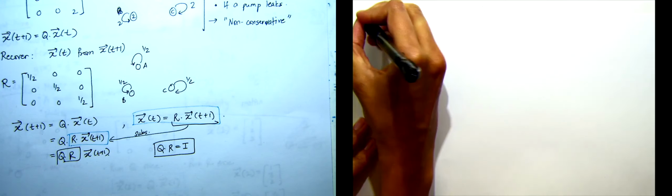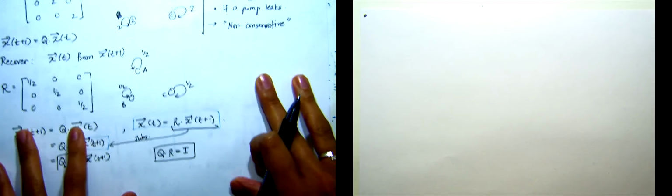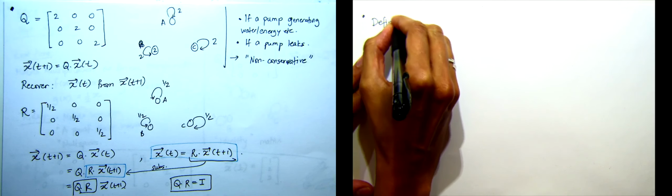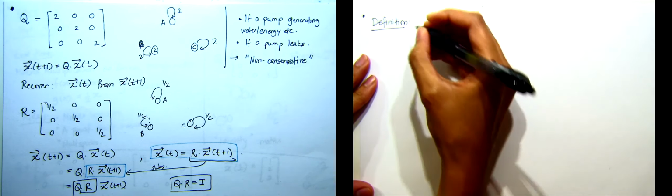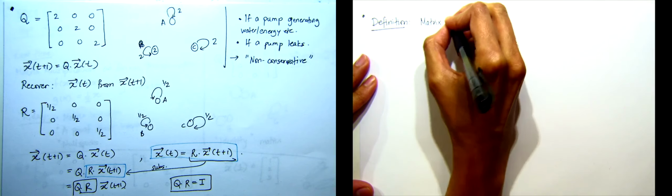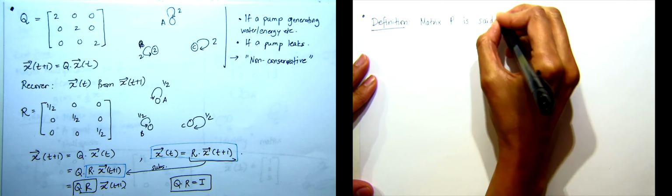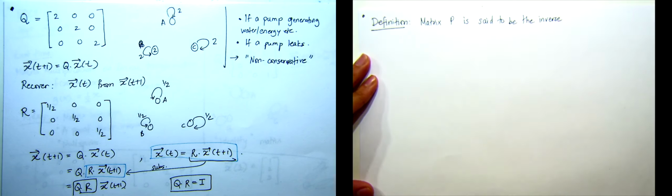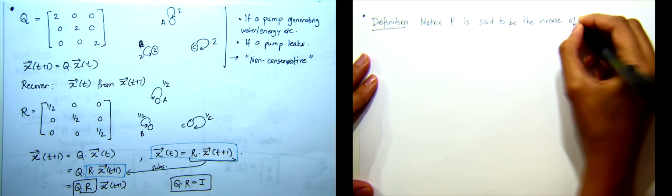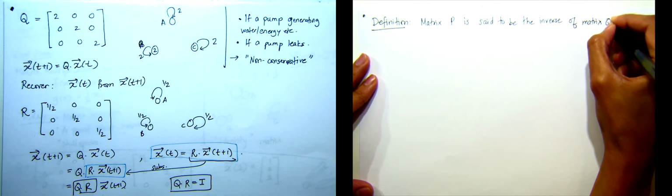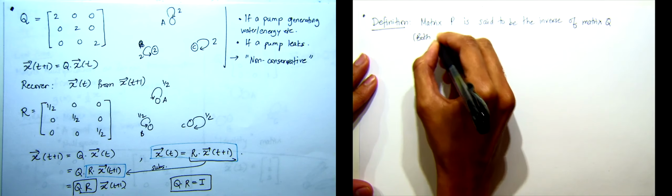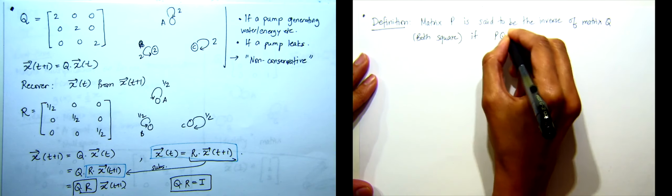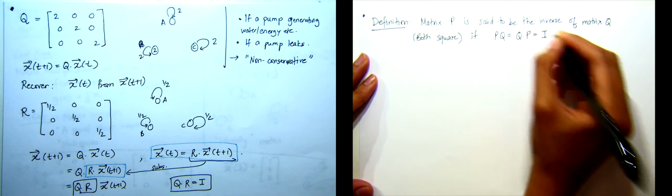So I want to define for you now the definition of an inverse. We've done a couple of inverses. Matrix P is said to be the inverse of matrix Q, both square matrices, if P times Q is equal to Q times P equal to identity.